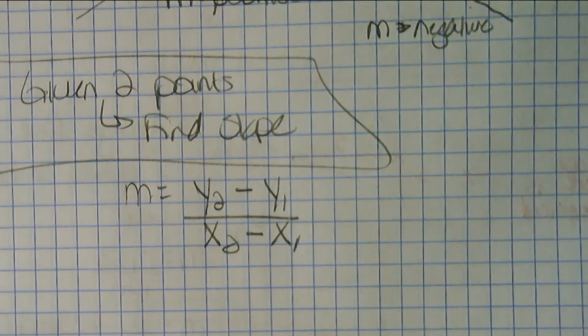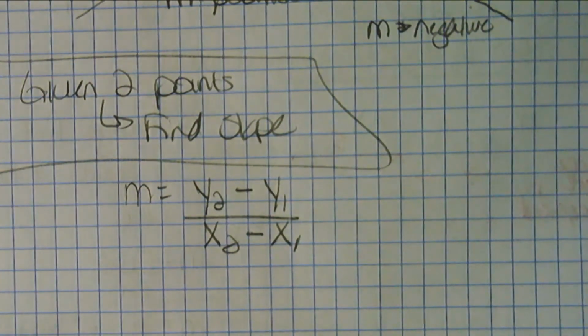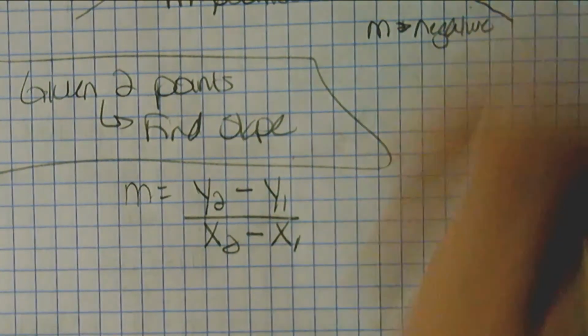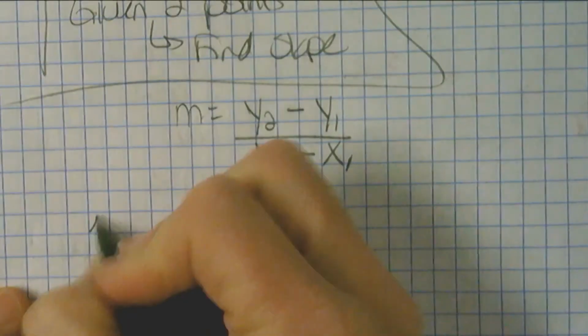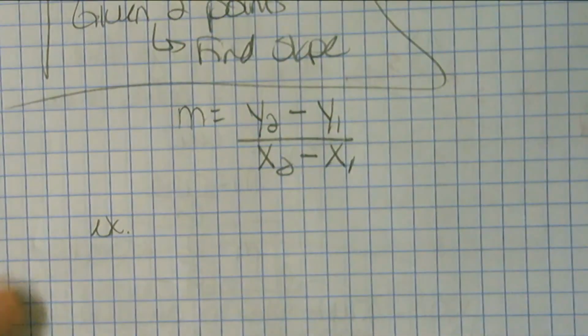This formula is doing that rise and that run on your graph. So instead of graphing it and finding rise and run, we can just go ahead and use the points and use this formula. Let's figure out what I'm talking about. All right, so let's find the slope of the one we just did.